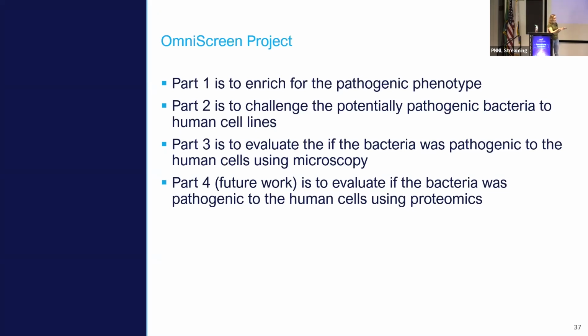Next, they took each of those hypothesized pathogenic bacteria, challenged them into the human cell lines, and then from there did microscopy imaging over time of those immune responses of the human cells to the introduced bacteria. And then part 4, which is currently in the future work stage, is taking proteomics data and evaluating if there are different proteins that are being expressed or unexpressed between these different samples.